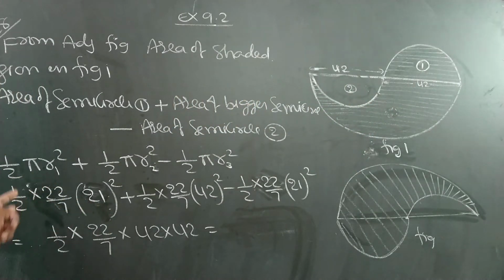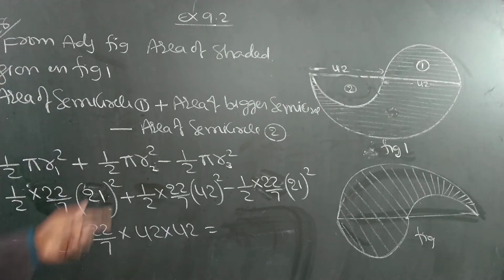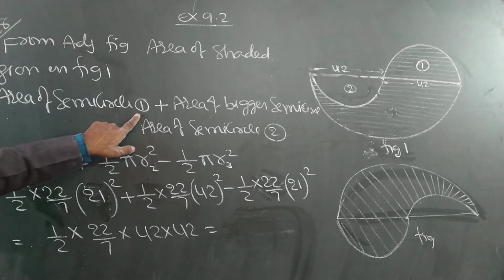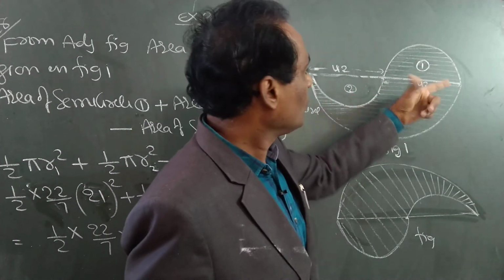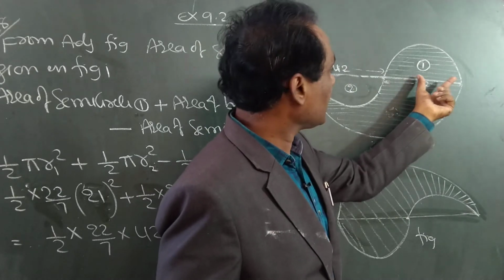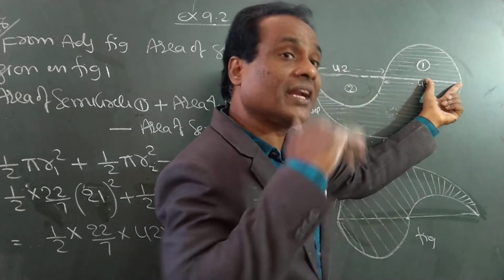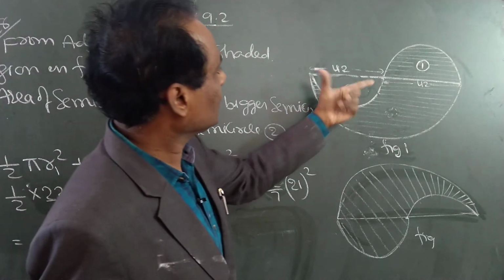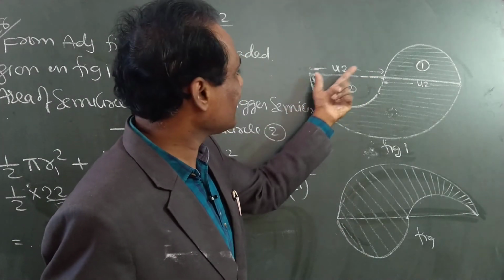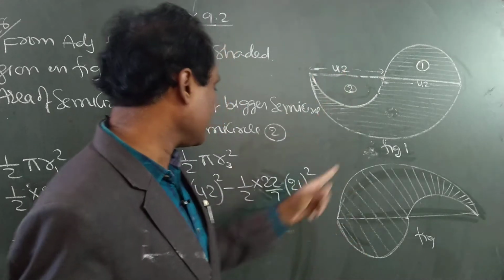So half pi is 22 by 7. r1, radius of which semicircle? Semicircle 1. What is the diameter? 42. Radius is half, 42 by 2, 21. This semicircle, diameter is 42, radius is 42 by 2, 21.